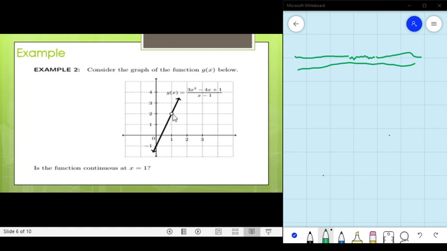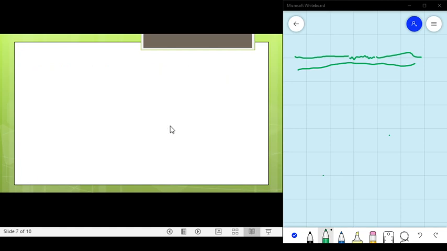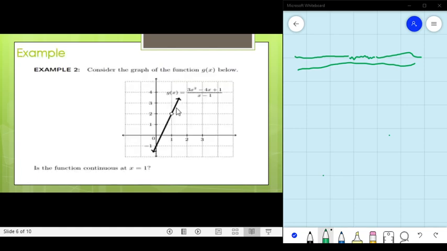So since there is a hole here, that means the graph is discontinuous at x equals 1. Let us analyze the g of x here even if we do not look at the graph.